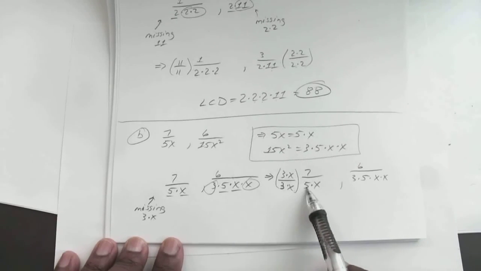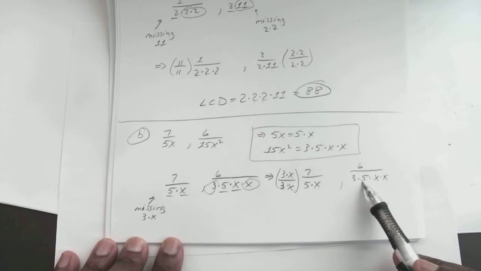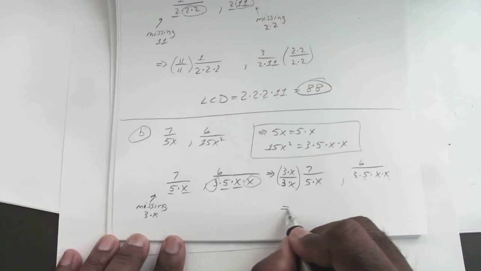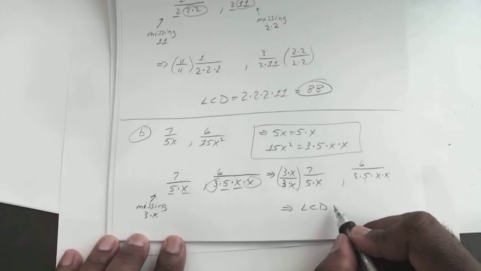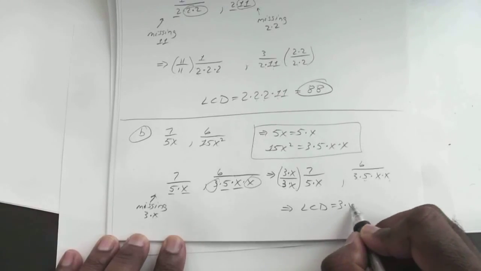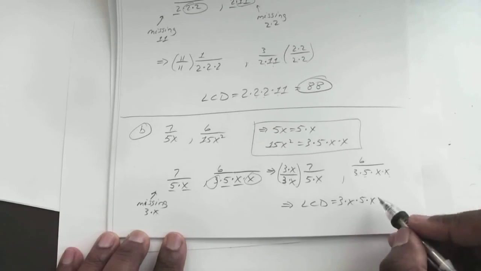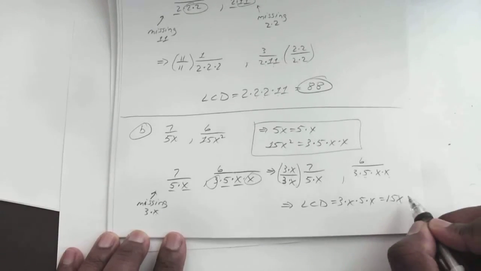So you have 3 times x times 5 times x, 3 times x times 5 times x, so they both match up. So that means your least common denominator, which is 3 times x times 5 times x, order doesn't really matter, which is 15x squared.